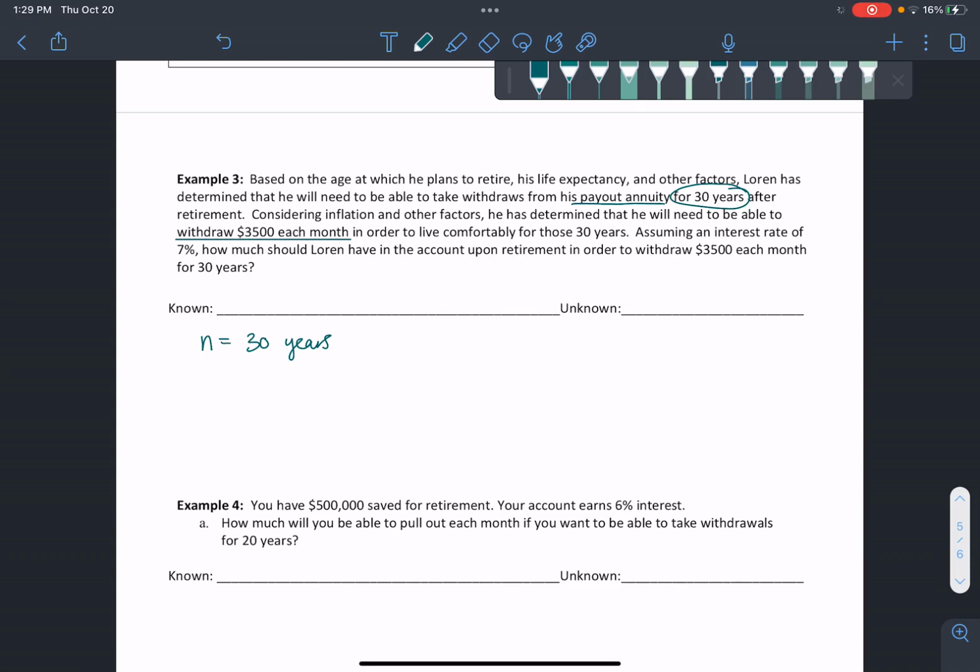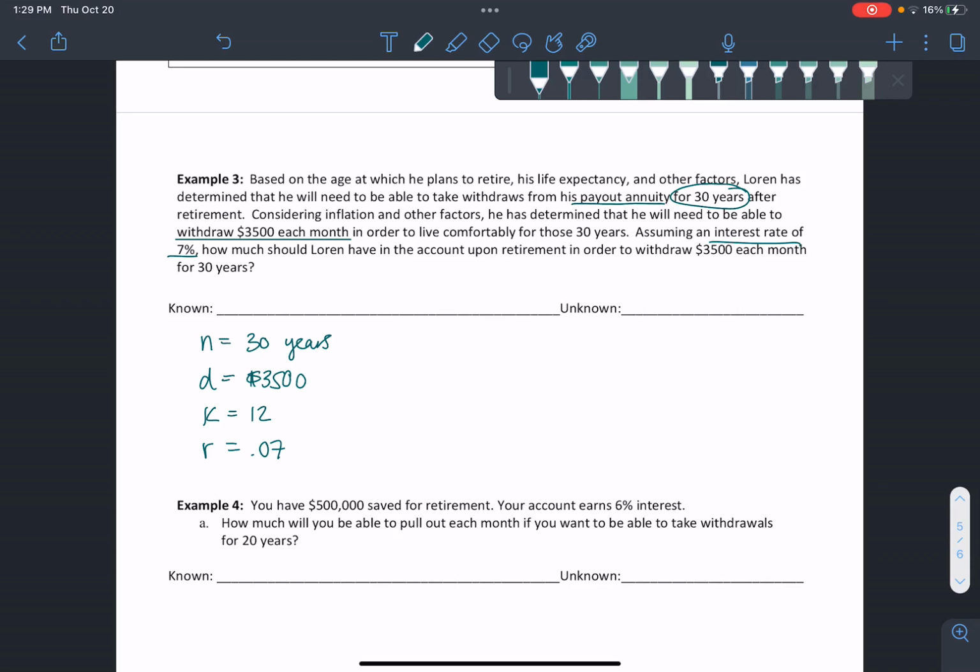He wants to withdraw $3,500 each month, so D is $3,500 each month. And because he's taking it out monthly, and I don't see any other information about compounding, we're going to go ahead with K being 12. And it says the interest rate is 7%, so R is 0.07.